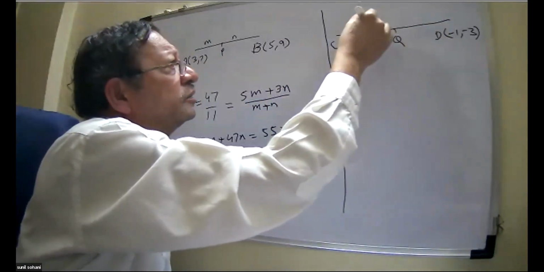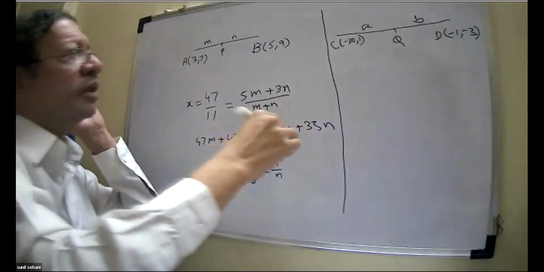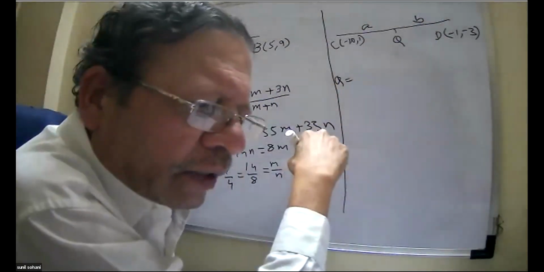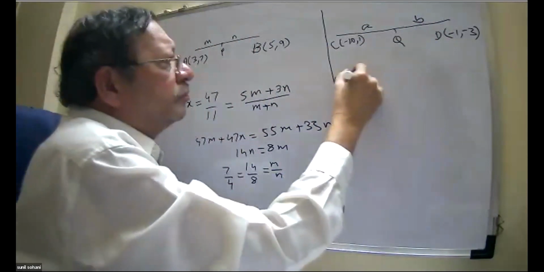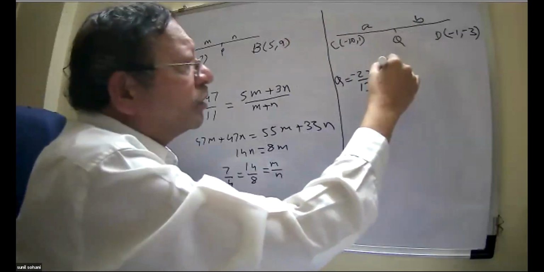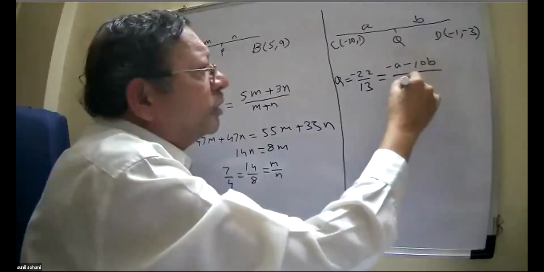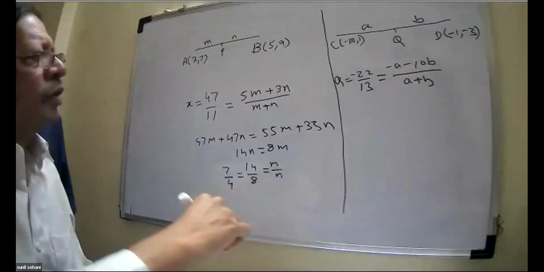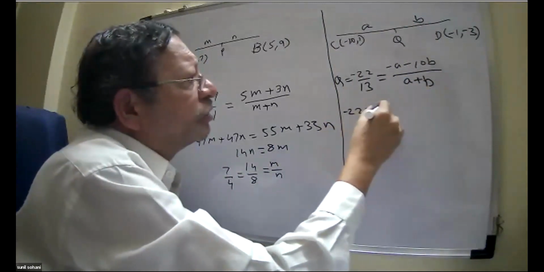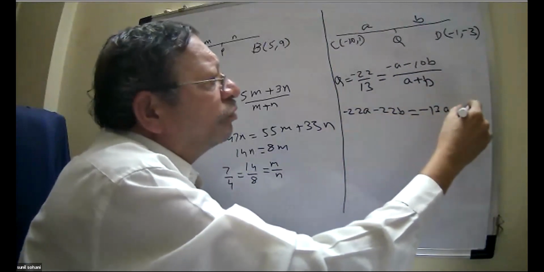Let me call the ratio A is to B. So the x coordinate of Q, minus 22 upon 13, is given by A into minus 1 and B into minus 10, upon A plus B. Solving this, minus 22A minus 22B equals minus 13A minus 130B.